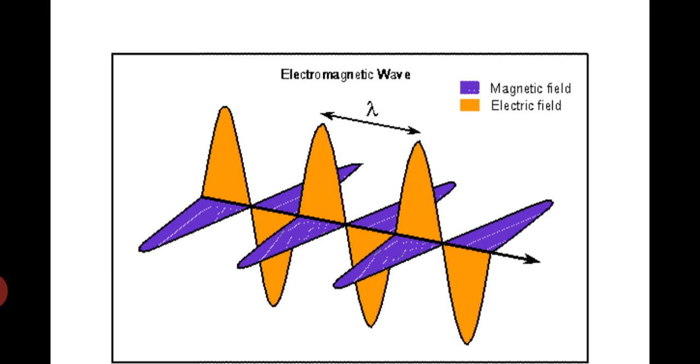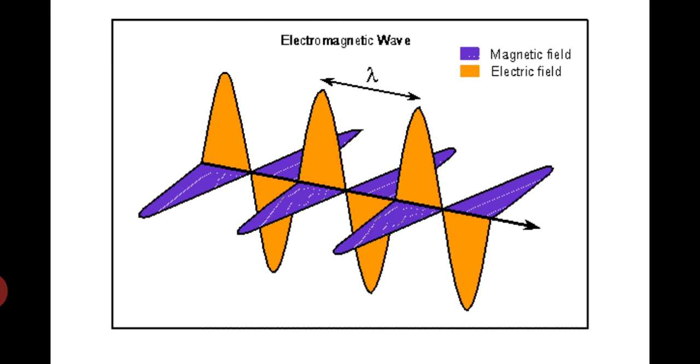Here we see electromagnetic wave. The electromagnetic wave is going in a particular direction, which is shown by the arrow. Both the electric field vectors and magnetic field vectors are associated with it. In the diagram, we have seen electric field by yellow color and magnetic field by blue color.